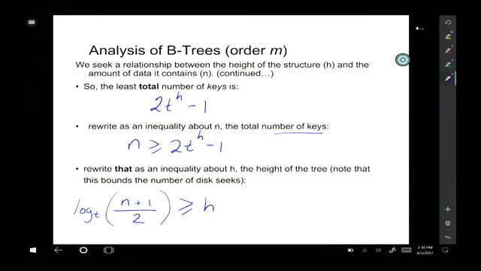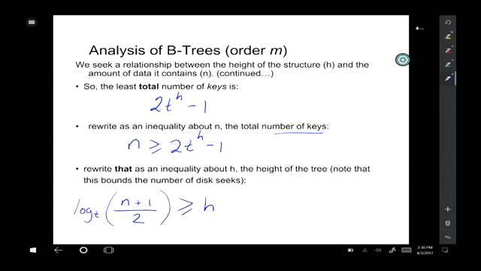Let me tell you. Okay, let's talk about it for just a second. So look what we have. We have h, the height, is no more than the log base some big number, m over 2, of this fraction of n.